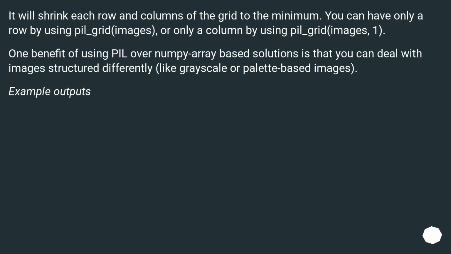You can have only a row by using pil_grid(images, 1), or only a column by using pil_grid(images, 1). One benefit of using PIL over NumPy array-based solutions is that you can deal with images structured differently, like grayscale or palette-based images. Example outputs.